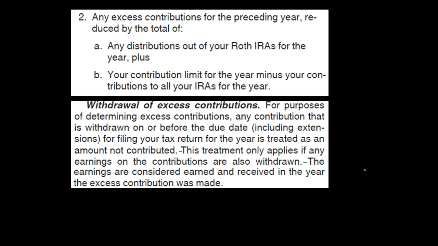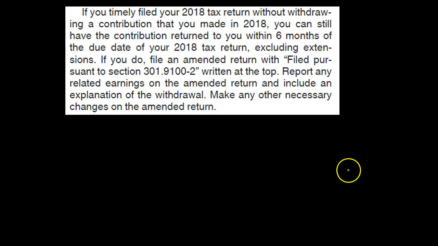We didn't know, but now we know at the end of the year because we did our tax returns and we have a limit of how much we can put in. So we took the 500 out, but we earned some income on it as well, on that 500 that we put too much in, and we have to take that out as well. So we take that out and we have to include that as income, because if it was in the Roth IRA, we wouldn't have to include it as income, but now that we take it out, then we have to include that in income.